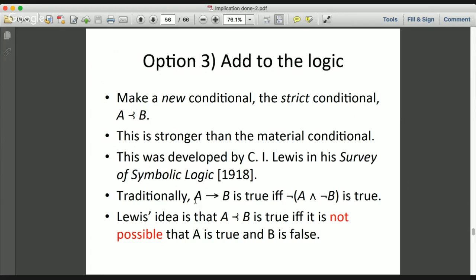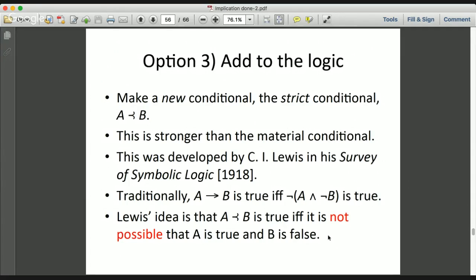So in the material conditional, if A then B is true if and only if it's equivalent to not A or B. But Lewis's idea is that A strictly implies B is true if and only if it's not possible that A is true and B is false. It's not just that it happens to not be the case that A is true and B is false, but that it could be any other thing. It says it's not possible that A is true and B is false.